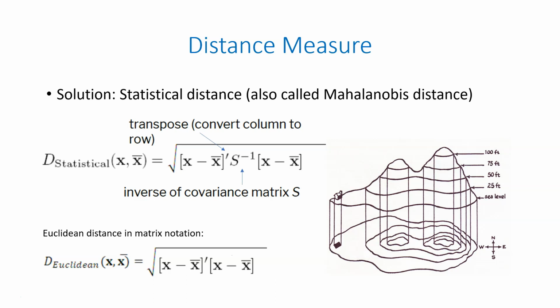Statistical distance is also often referred to as the Mahalanobis distance, named after its creator, Indian statistician Prasanta Mahalanobis. It is unitless and scale invariant and takes into account the correlations of the variables. In other words, it addresses the three drawbacks of Euclidean distance that we discussed before. On this slide, we have the formula of statistical distance in the matrix notation.